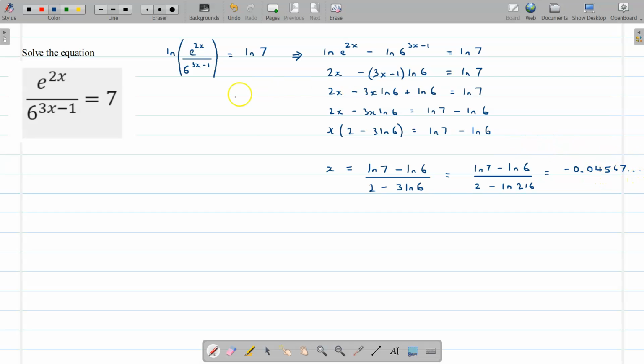So look at what the question's actually asking for, but a good approach is to take logs of both sides first and then apply some of the rules of logarithms. Hope that was helpful, and there are your possible answers that you might want to give.